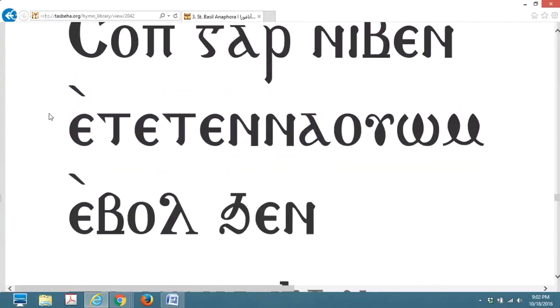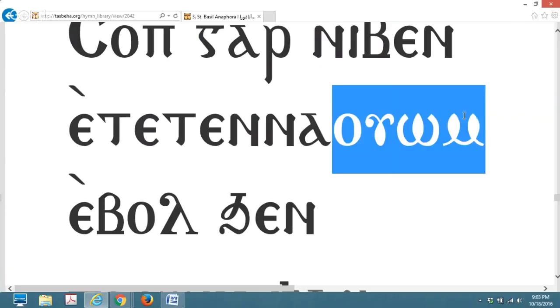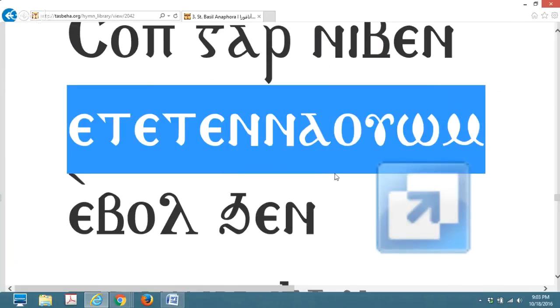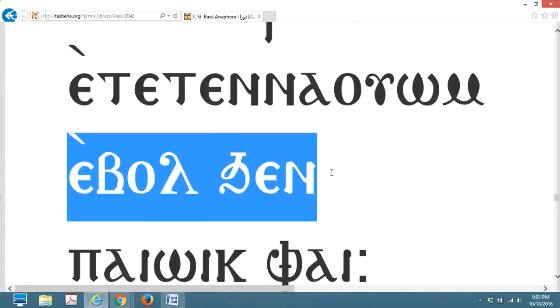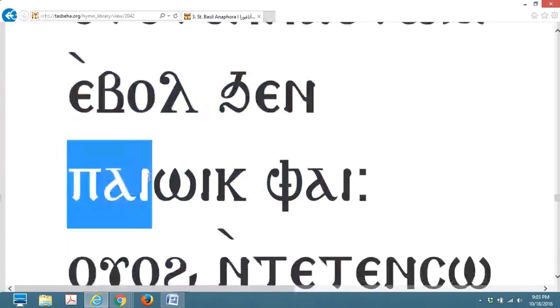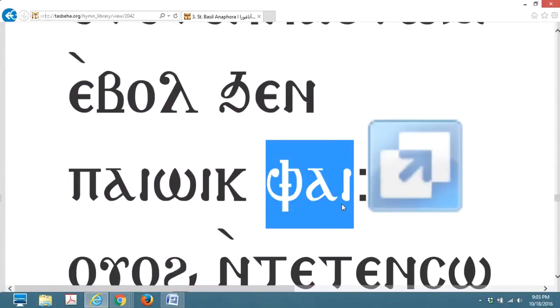Titinna, third person, second person plural. So for every time that you will, uom is, means to eat. So for every time that you will eat, from in. So for every time that you will eat from, pi oik, this bread, phi.